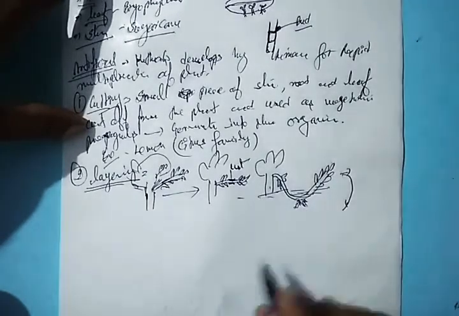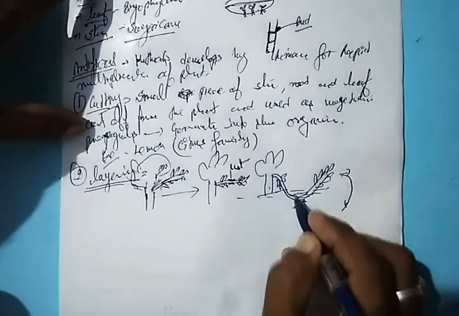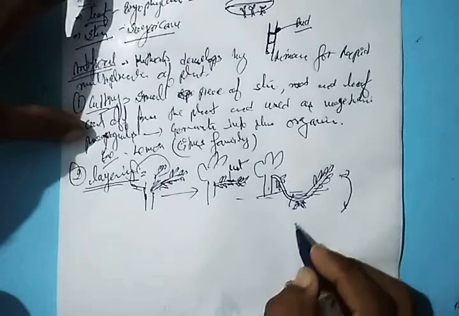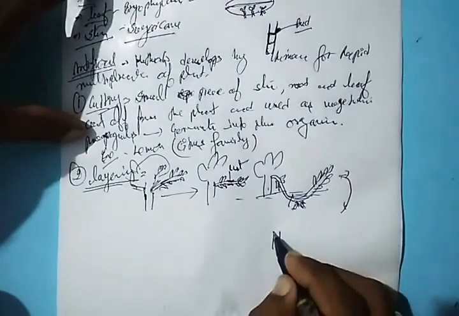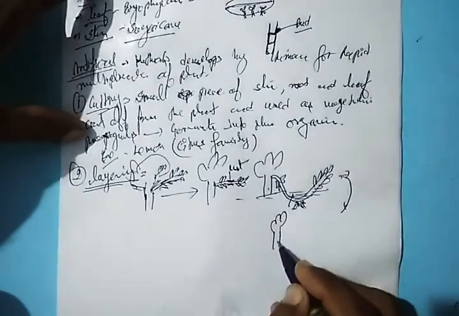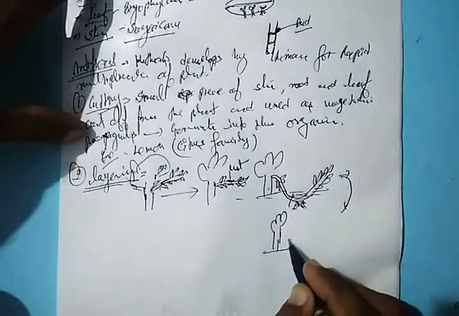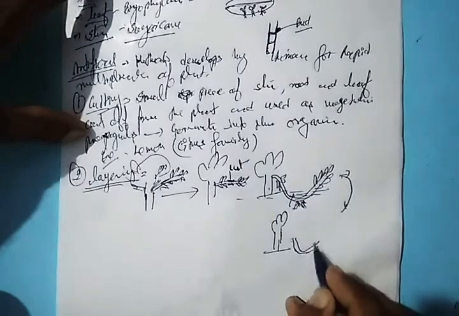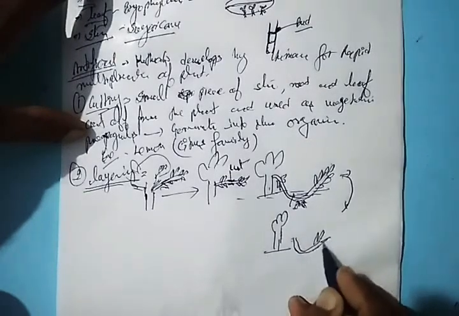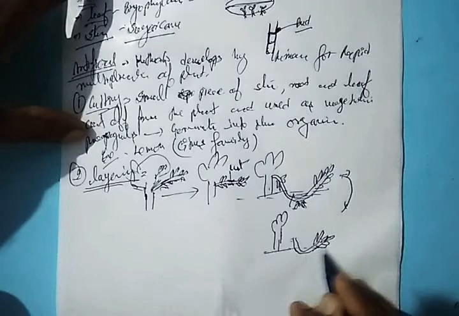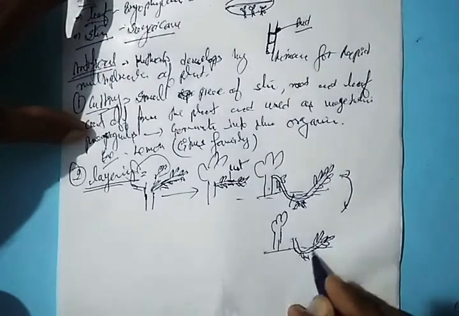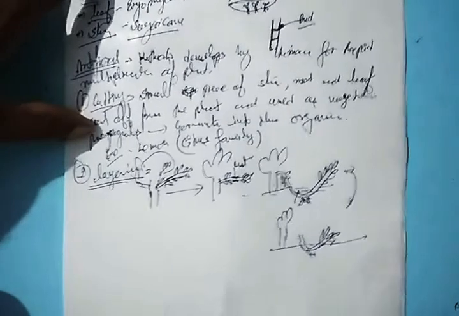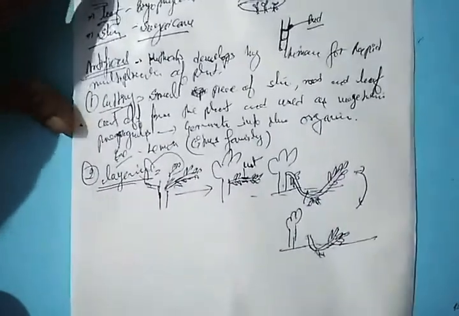When the roots arise, cut off this part, which germinates into a new plant. Okay, so it is a very simple process.